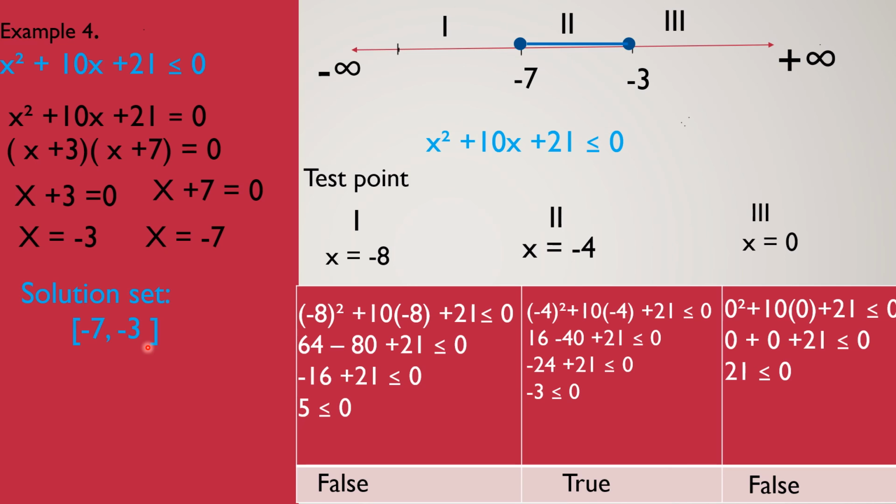Parenthesis if not. So here you can identify it because of this equal sign here, which means that less than, greater than, parenthesis. Less than or equal or greater than or equal means bracket.